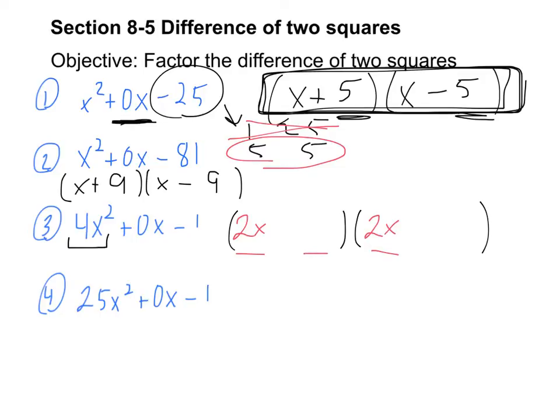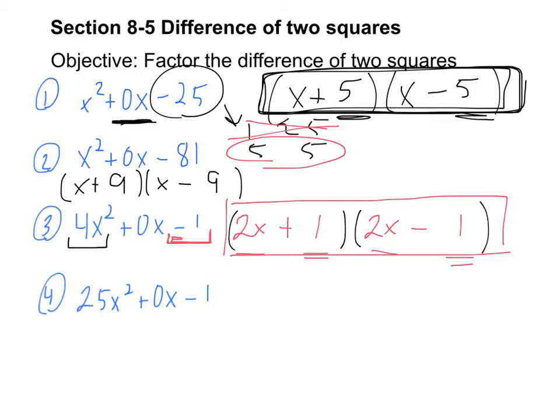And now the square root of 1, what goes here and here? What's the square root of 1? 1 and 1. So in these difference of perfect squares, you will have essentially the same factor, but one's positive and one's negative. And that's by design because, again, the middle term must cancel out.